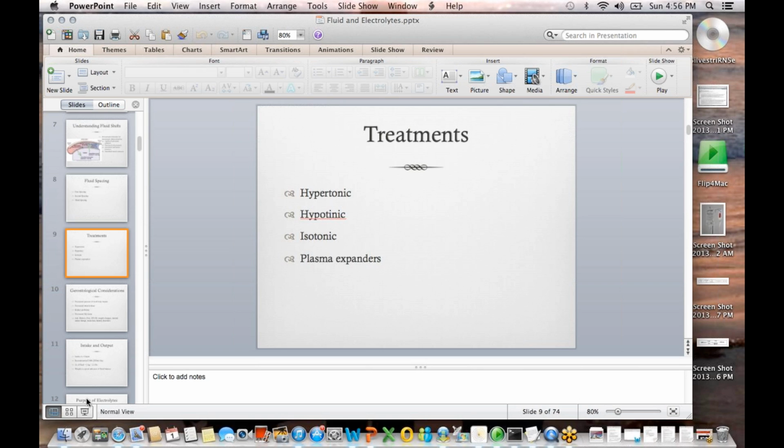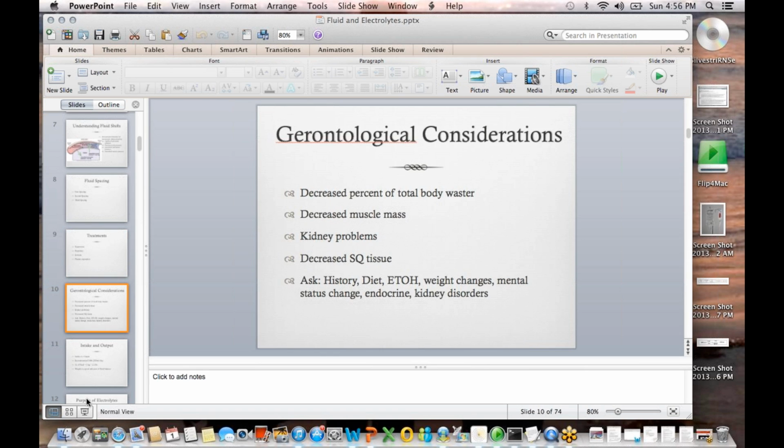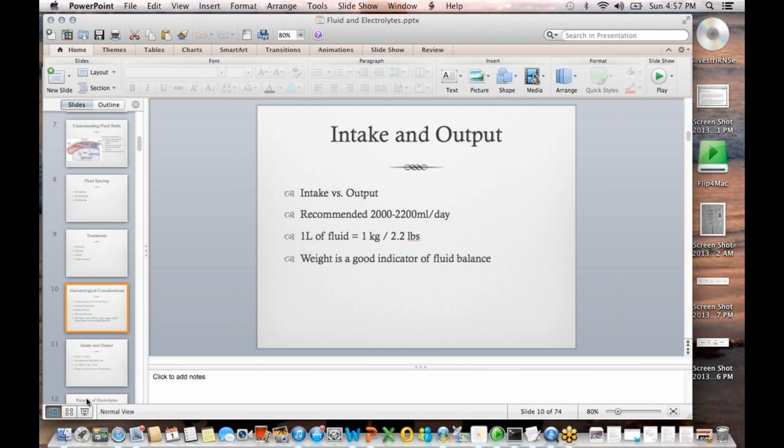And then hypervolemia, hypovolemia, and remember there are causes. A major consideration is that the elderly and the very young are at high risk for electrolyte imbalances because of their total body percentage of water.